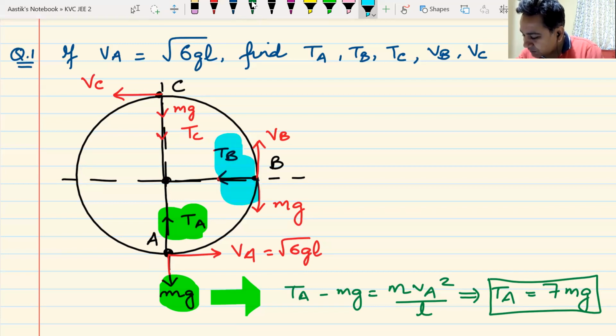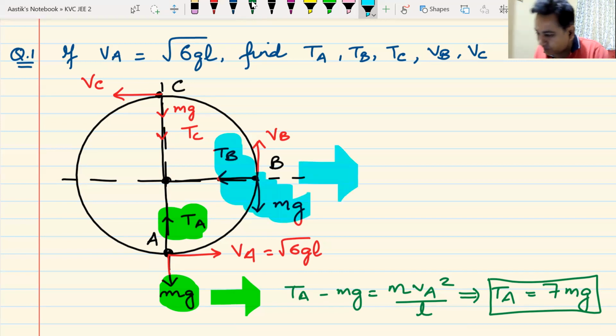Let us now move on to the blue equation. Can anyone tell me the blue equation?